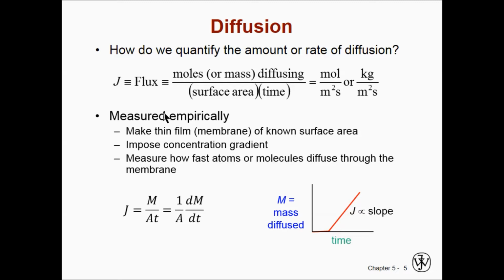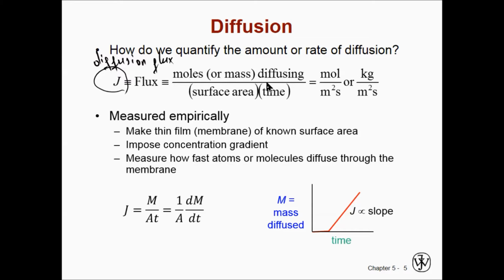So when we diffuse one material into another, we have to quantify how fast this is, or we have to quantify the amount of diffusion or rate of diffusion. If this is J over here, this is diffusion flux. It shows the rate of diffusion. Let's see.